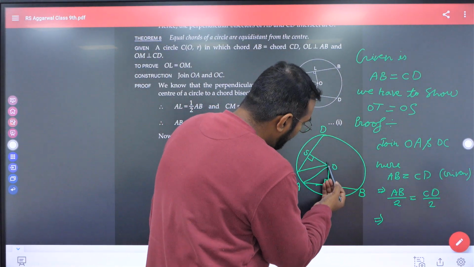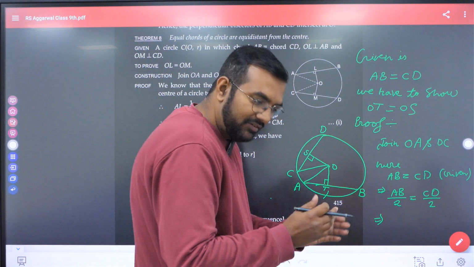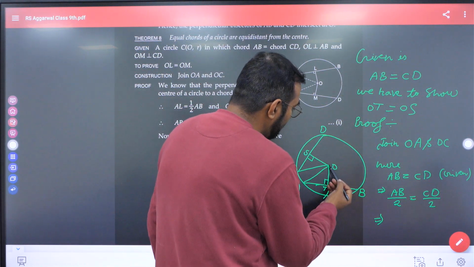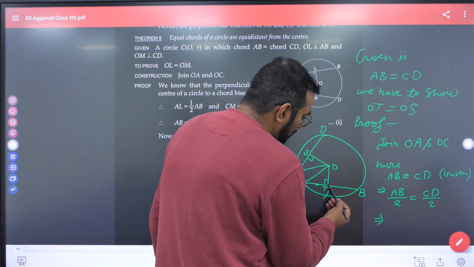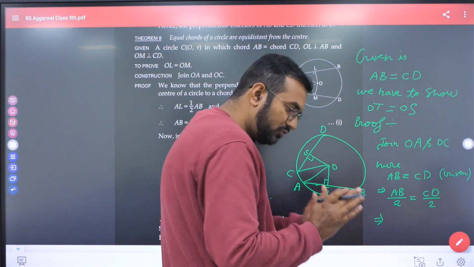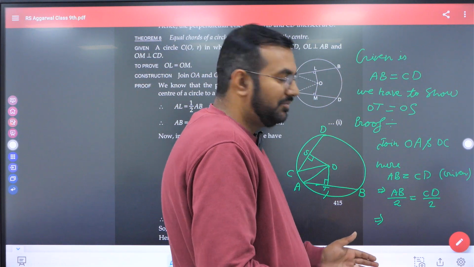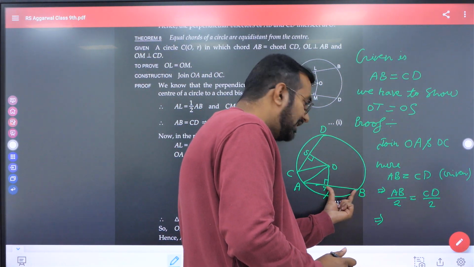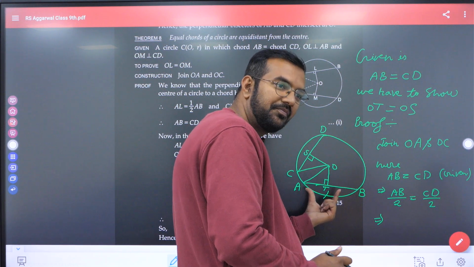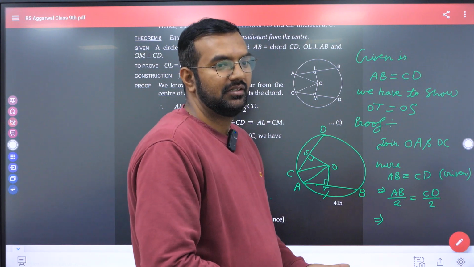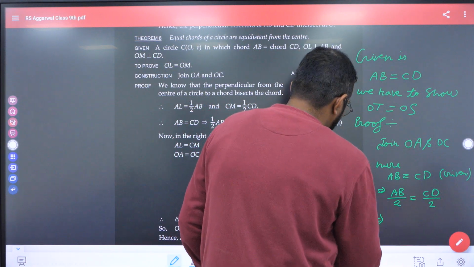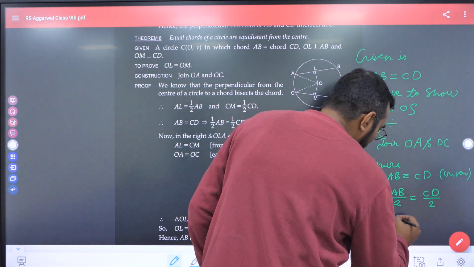That is, the perpendicular from the center divides the chord into equal halves. Means if a line is coming from the center to the chord that is perpendicular, that line will divide the chord into two equal parts. Means here AT and BT are equal, and they are the half of the AB. That's why instead of AB by 2, we can write AT also, right?